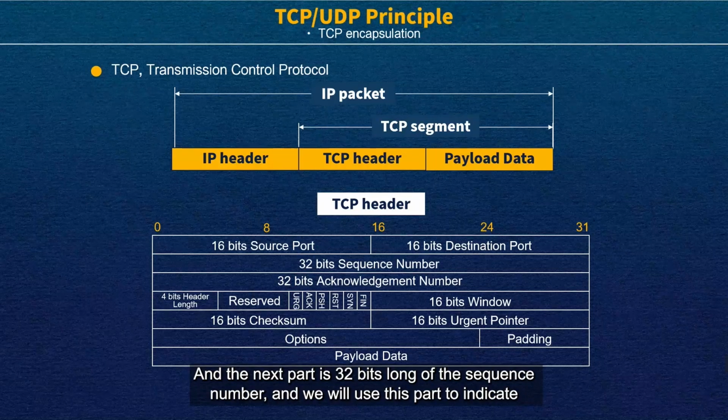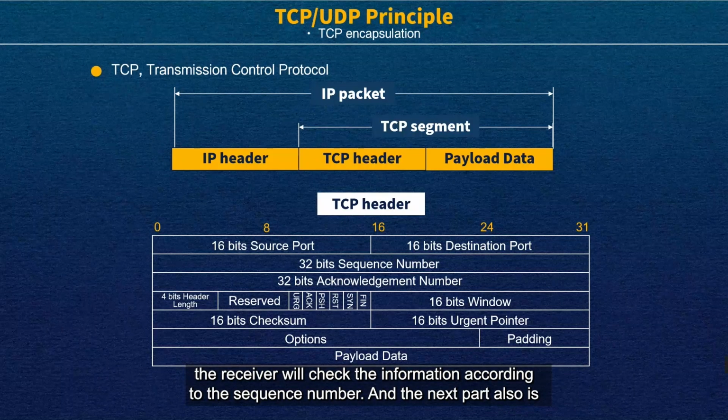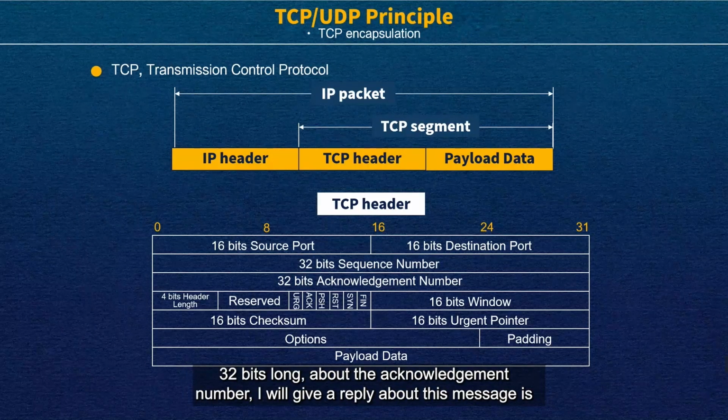And the next part is the 32-bit sequence number, and we use this part to indicate each segment. The first one is number 1, the second one is 2, something like this. And the receiver will check the information according to the sequence number. And the next part is also 32 bits long, the acknowledgement number.